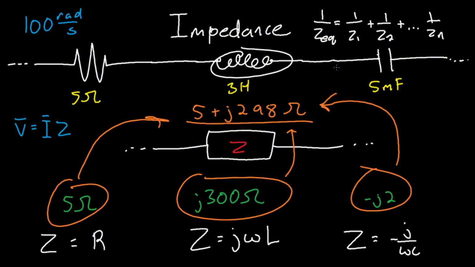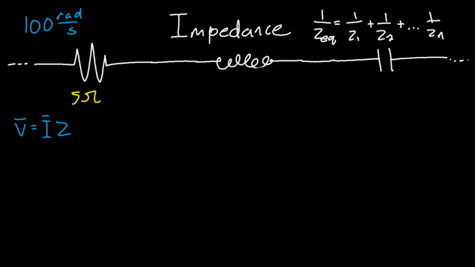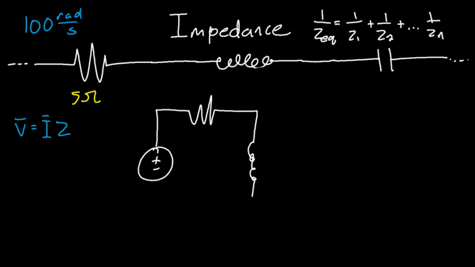So you can actually treat inductors and capacitors as resistors if you wanted to, and you can use Ohm's law for them. A helpful example of this would be, let's say some voltage source was here, and you had some resistor, some inductor, and some capacitor, all in series, and you combined them into something with impedance.